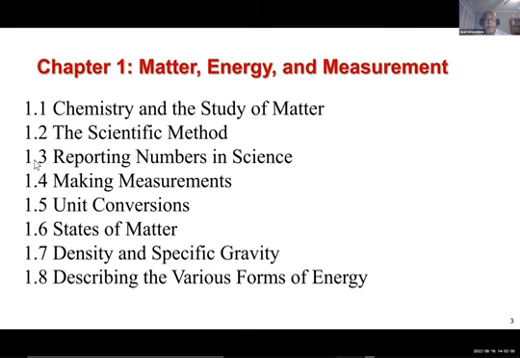Now, since we are talking about matter and its changes, chemical and physical changes, do you know what the 3 states of matter are? Liquid, gas, and solid. Exactly. Great.